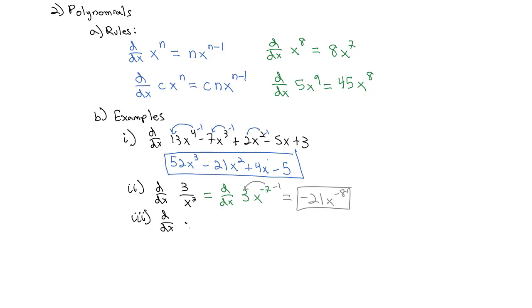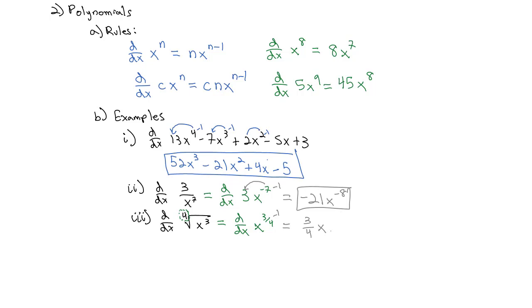In fact, we can use this trick to rewrite exponents on things like radicals. We can take the derivative of 3 times the 4th root of x cubed. Well, the index is the same as the denominator on the exponent. So we're really taking the derivative of 3x to the 3/4. Well, now I can move that exponent out front and subtract 1.